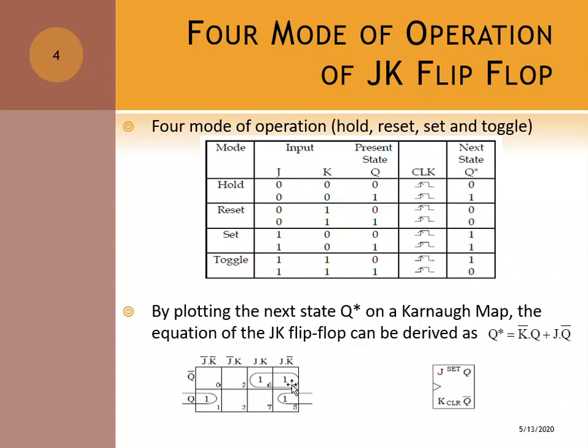Okay, so this one. Next, J1, K0, Q1. So J, K bar, Q. Okay. Then the last one, J, K, Q bar. And then finally you create loops.